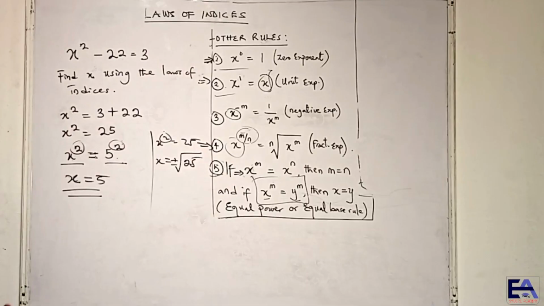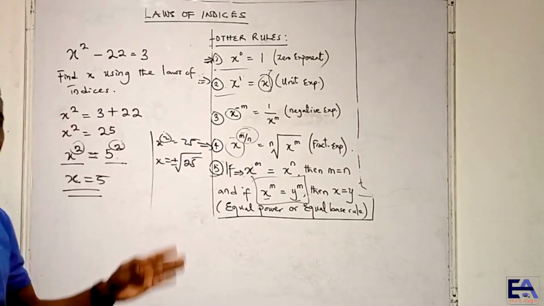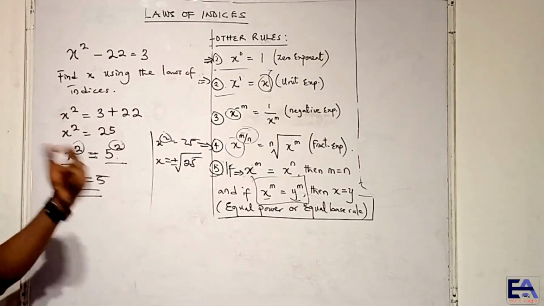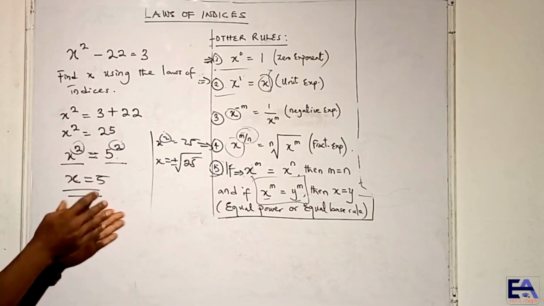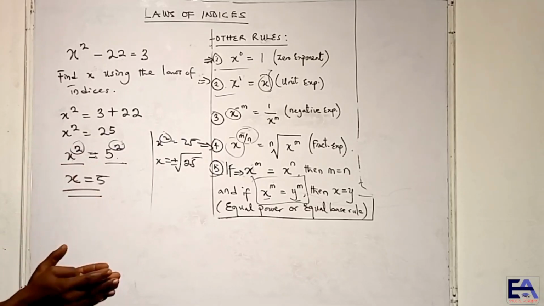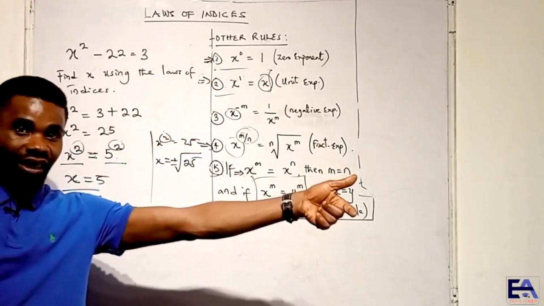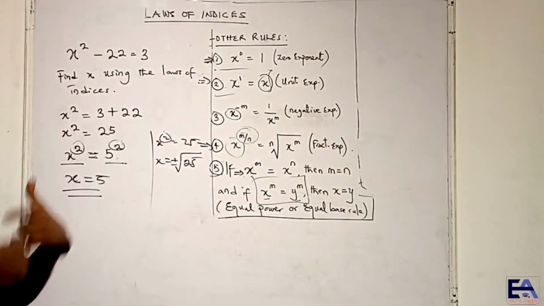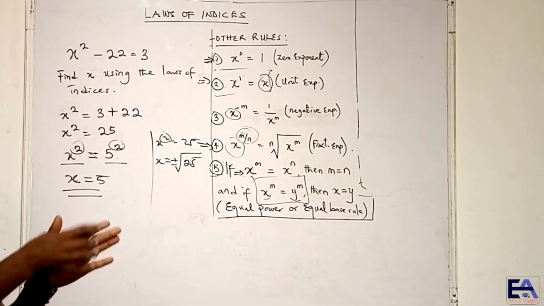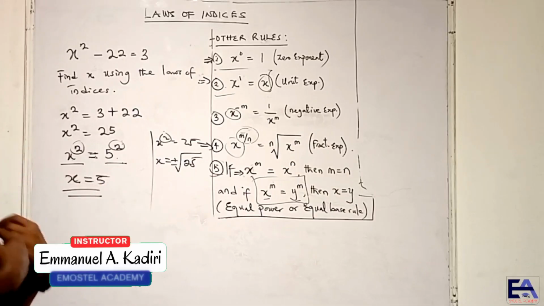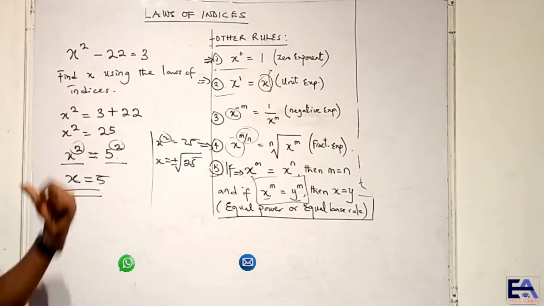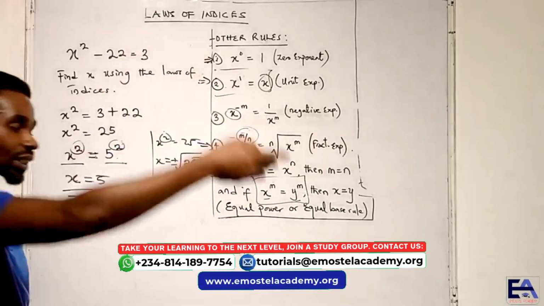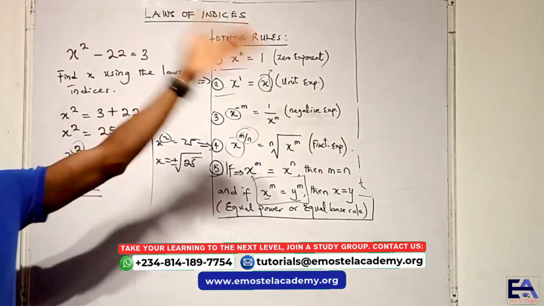So mathematically speaking, when a term is operating with a particular operator, whether addition, subtraction, multiplication, or exponentiation, by the time it goes to the other side, it acts with the direct opposite of that initial operation. If it was plus before, it becomes minus on the other side. If it was minus, it goes to the other side as plus. If it was multiplication, it goes to the other side as division.